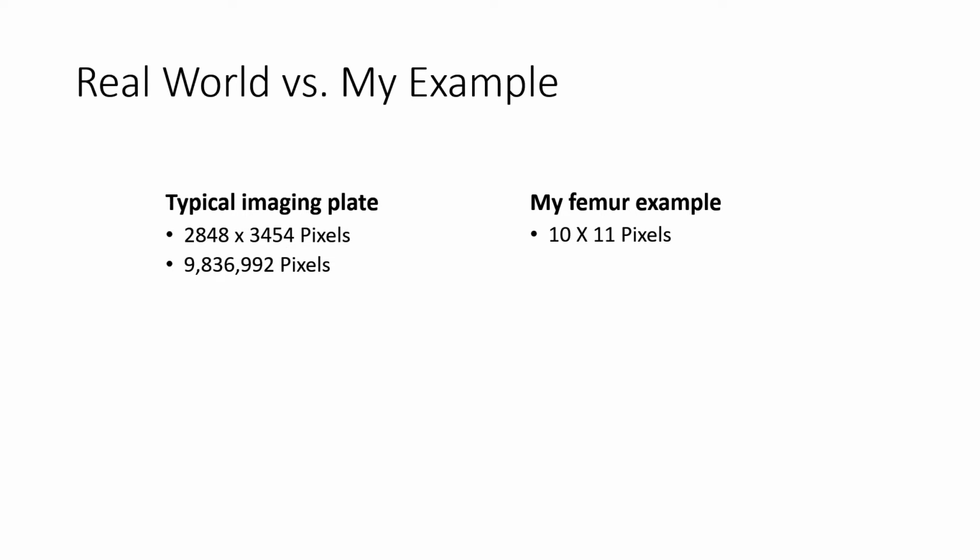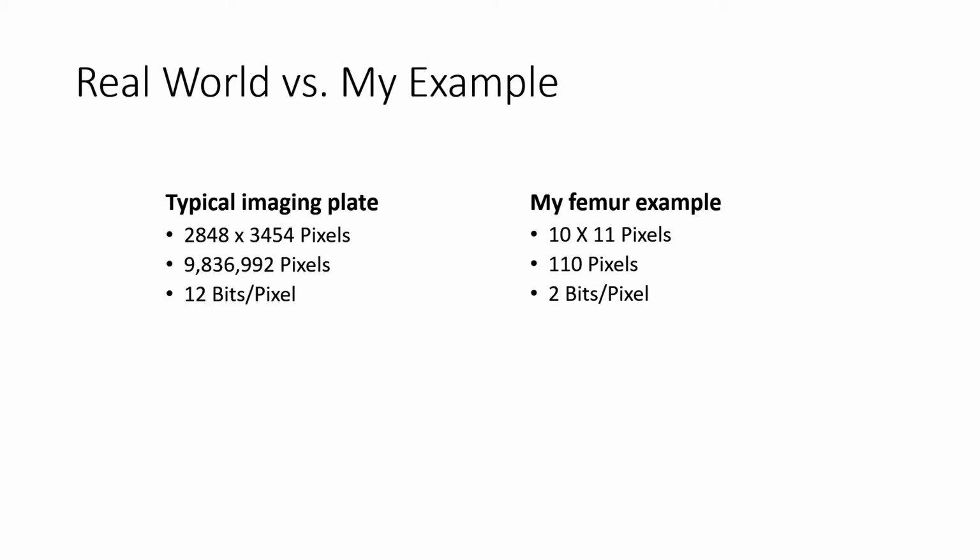If we do the math, the typical plate contains 9,836,992 pixels. My example plate weighs in at 110 pixels. Typical radiographic imaging plates display density at a level of 12 bits per pixel.